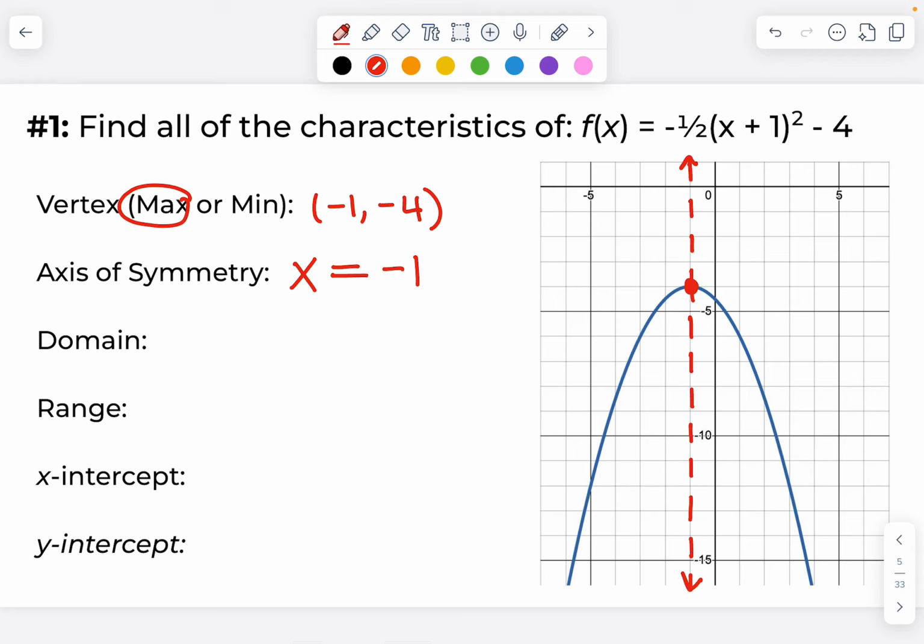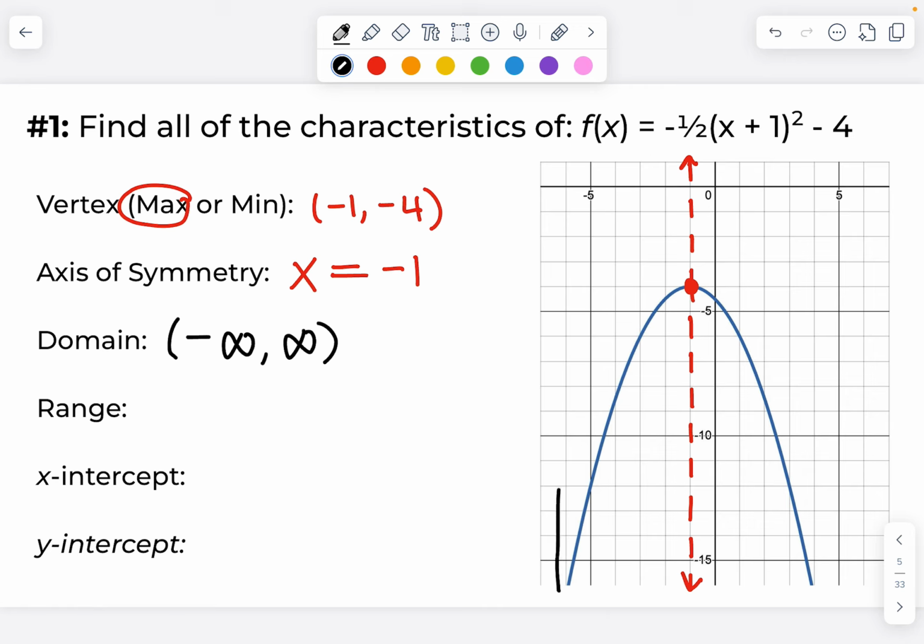For domain and range, the domain for every single quadratic of all time, no matter what the quadratic looks like, is always going to be negative infinity to positive infinity. Last week we talked about, or later this week we'll talk about, rational functions and radical functions. Those types of functions have issues with their domain, but we don't have any issues with quadratics. So our domain is all real numbers. Our range, again, think min to max.